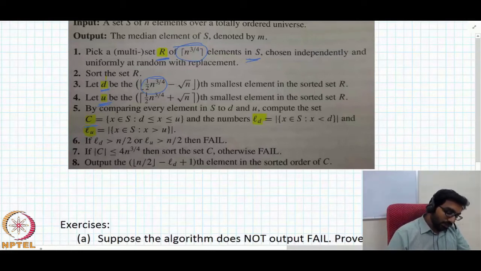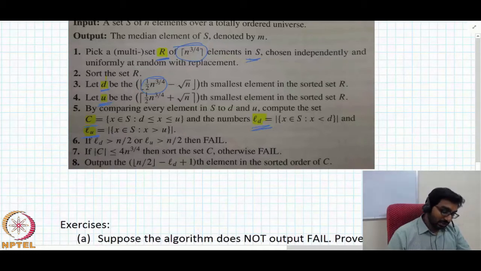And then we find the number of elements that are less than D, and the number of elements that are greater than U. Now we need to make sure that a few conditions are satisfied. The number of elements less than D should not exceed n by 2.